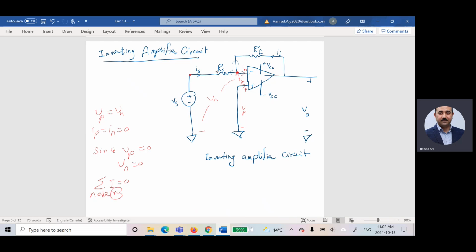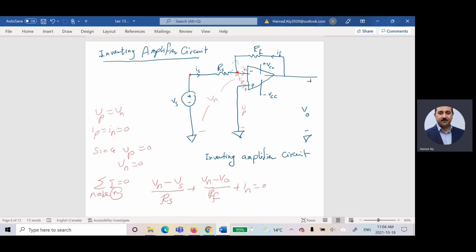So the current in RS is equal to (VN minus VS) over RS, plus the current in this guy, (VN minus VO) divided by RF, plus the current in this guy, which is IN, equals 0.